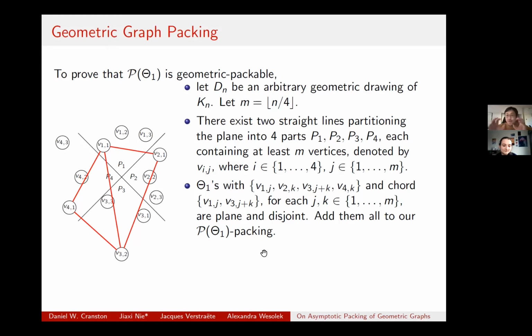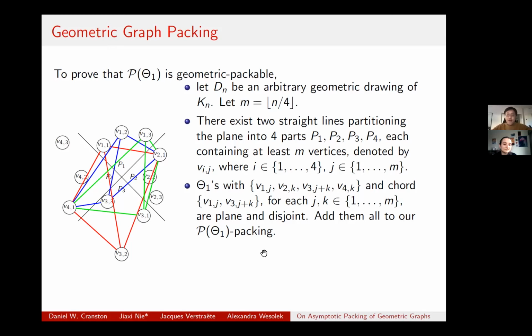Now if we fix K and vary J, this is J equals 1, this is J equals 2, and this is J equals 3. When K is fixed and J goes from 1 to M, the chords between part 1 and part 3 form a matching, which means that they must be edge disjoint.